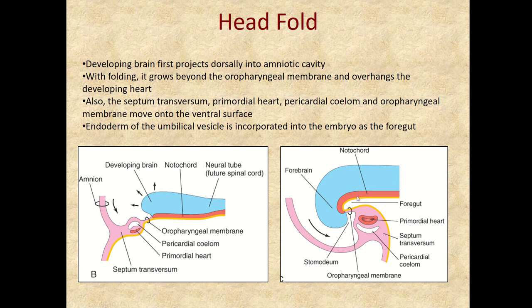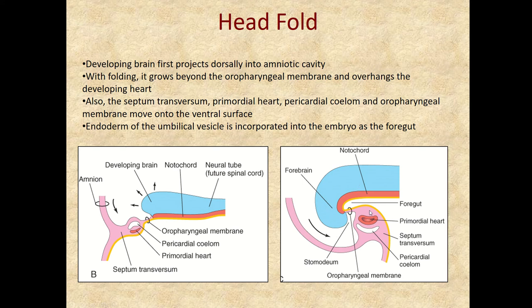And in the gut, the developing brain here is going to come up and eventually be more superior than the heart and the gut and all of these structures here. That makes sense, right? Because your heart is actually lower than your brain, and this is how that happens. We call this the head fold.